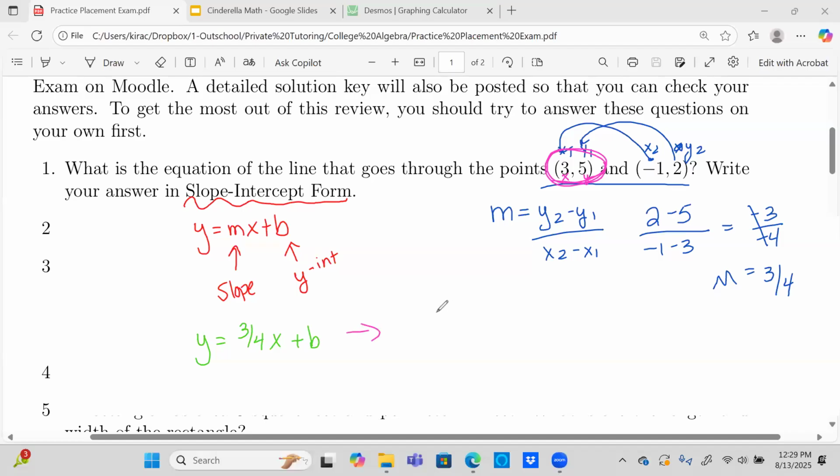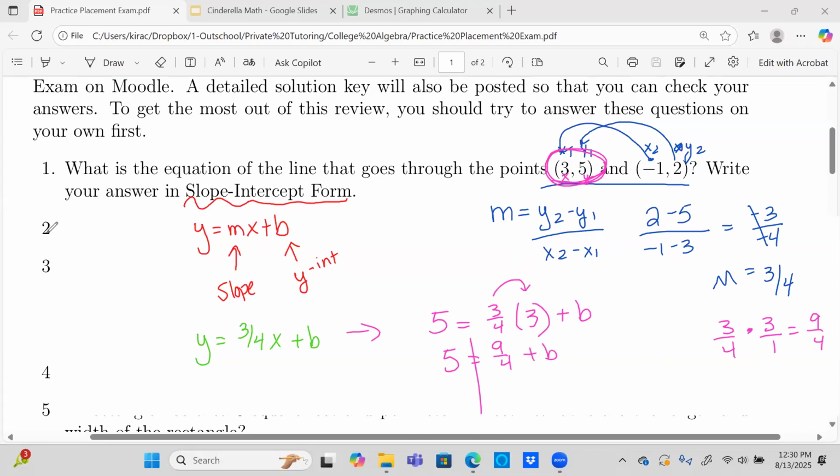So I'm going to do 5 equals 3/4 times 3 plus b. Now, if you're allowed a calculator, you could go ahead and whip that through a fraction calculator. I'm going to assume for a second that you're not. So that's 3/4 times 3, put in an invisible 1, and that would be 9/4. Okay, so this is 5 equals 9/4 plus b.